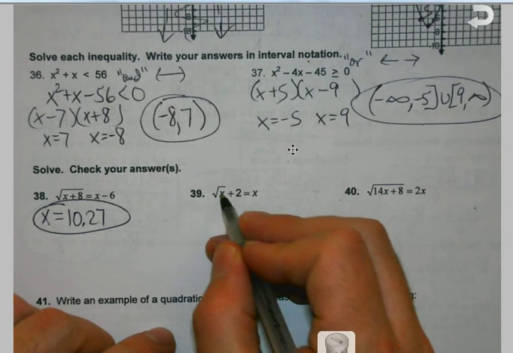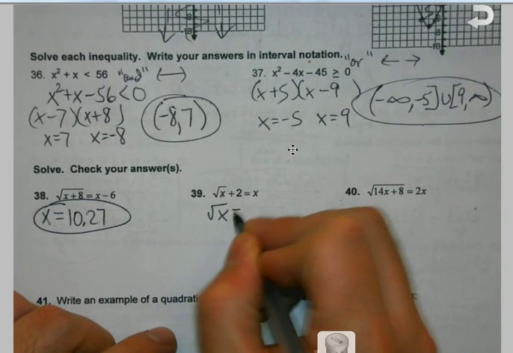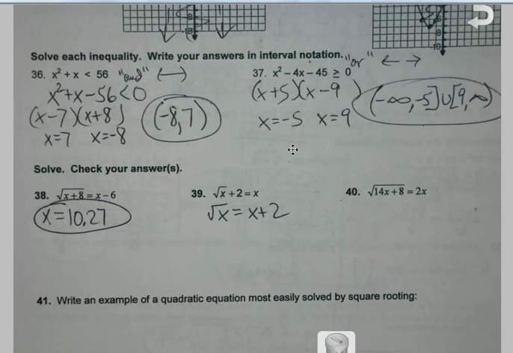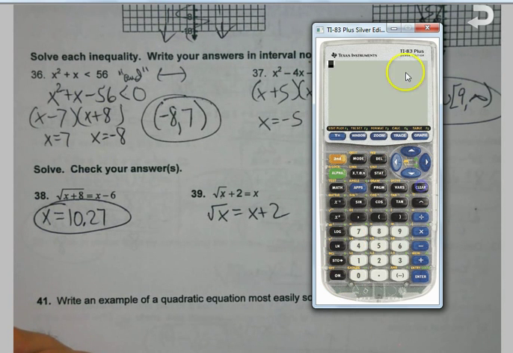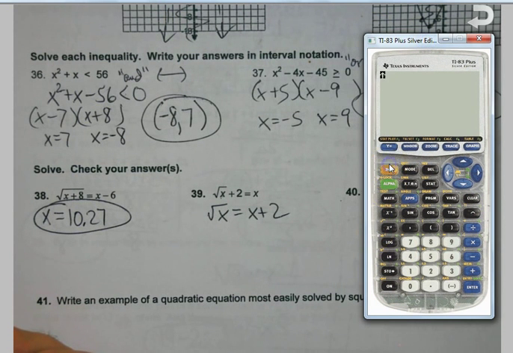Here, I want to isolate my radical. So let's see if we have a little better luck this time. All right, so we got the square root of x, and we've got x plus 2.